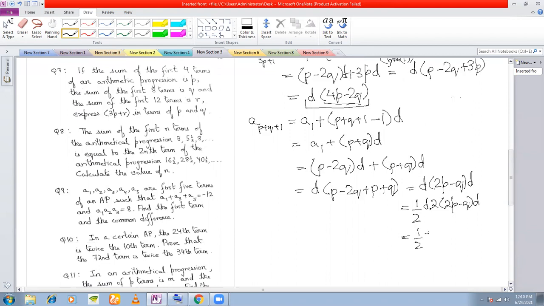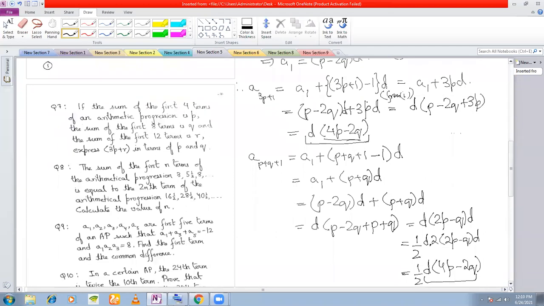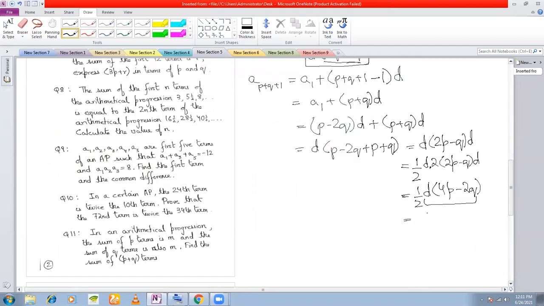Half D into (4P minus 2Q). Right? This is what you are getting. Now this, D into (4P minus 2Q), is A3P plus 1. Half A3P plus 1. So from here, what can you write?